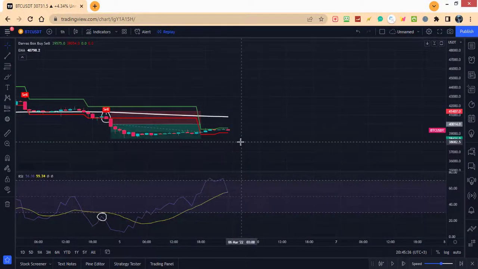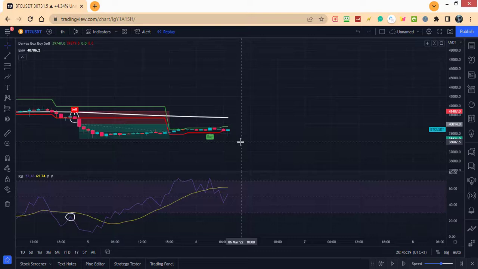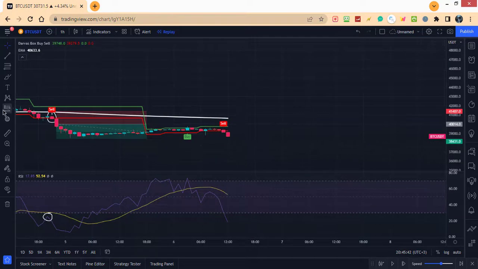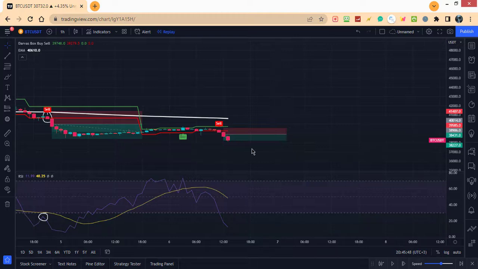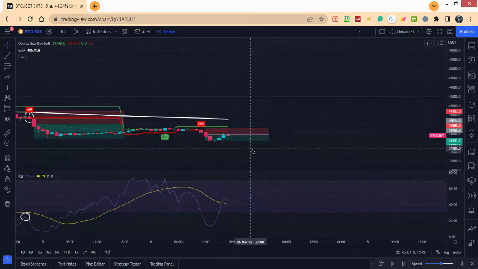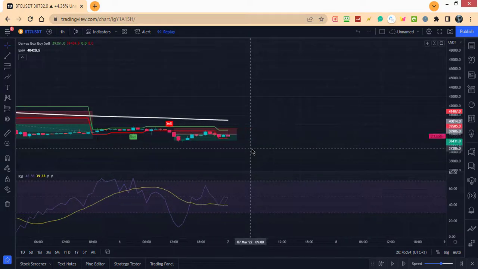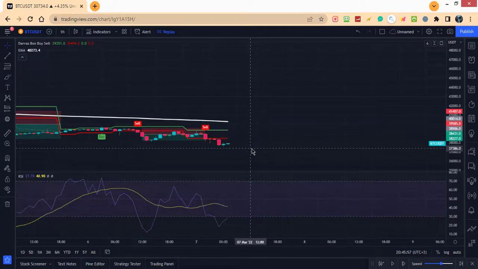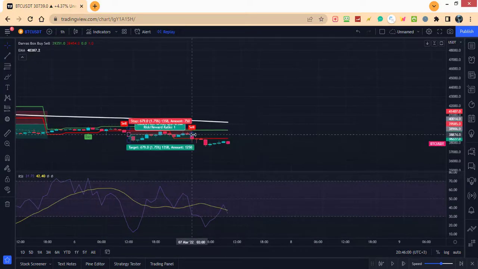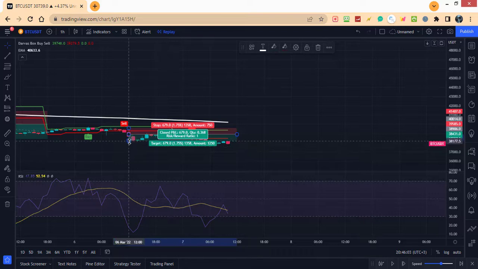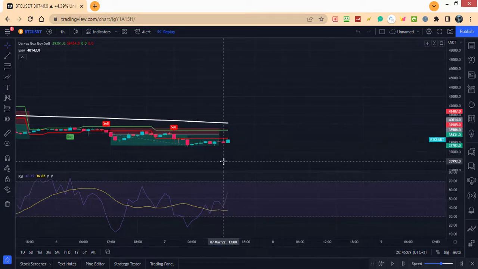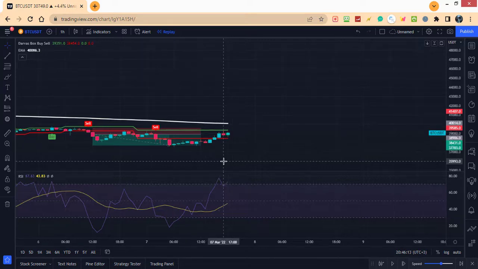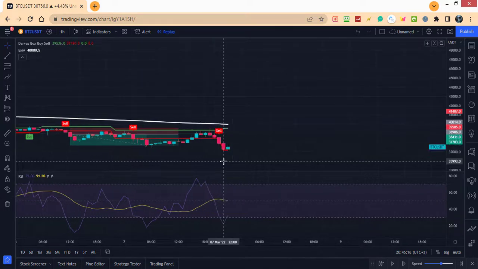Now let's see some other trades. So here is also a short position. Let's see where it can go. Another short position by the indicator, and you can see we can close this because RSI is above the lower boundary.